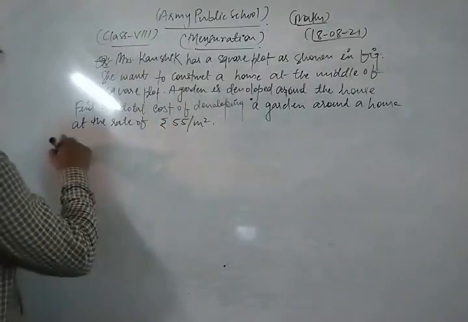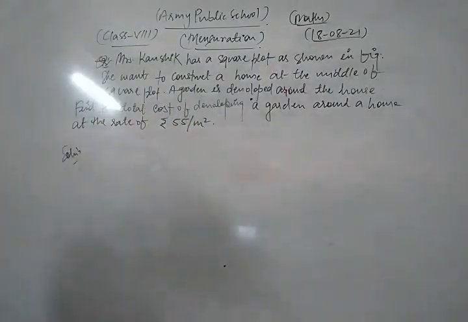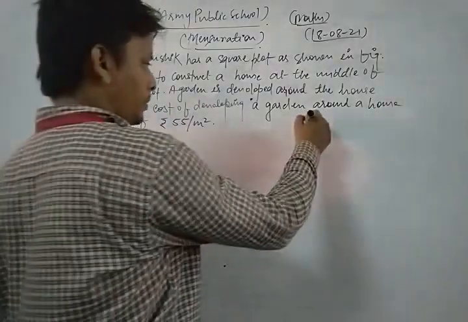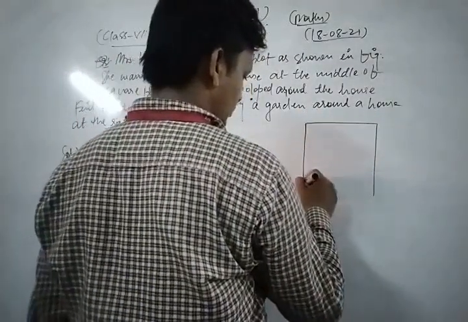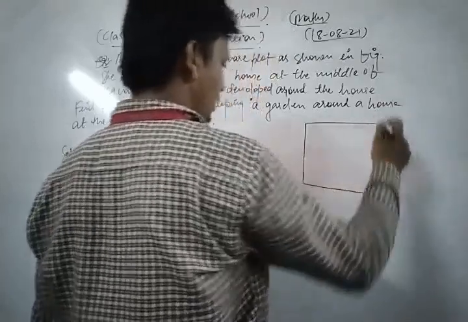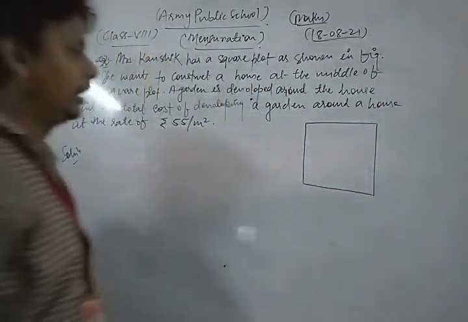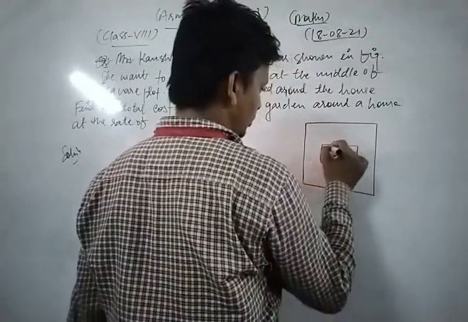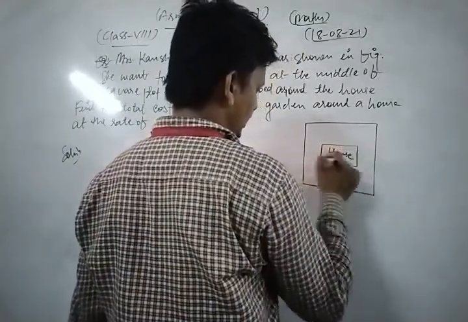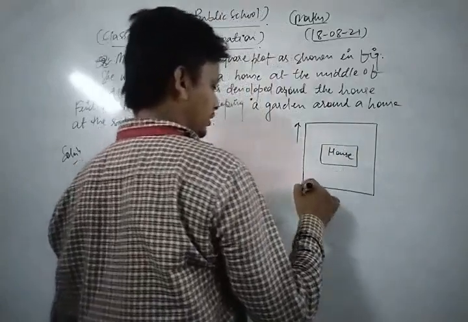Now let's see the solution. The figure is, look, this is the square plot, and she wants to construct a house at the middle. This is the house, and this is the square plot.